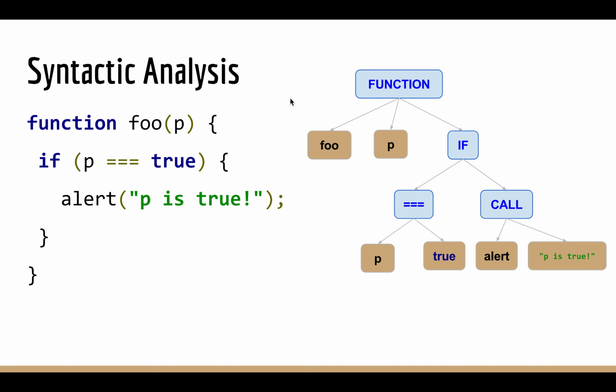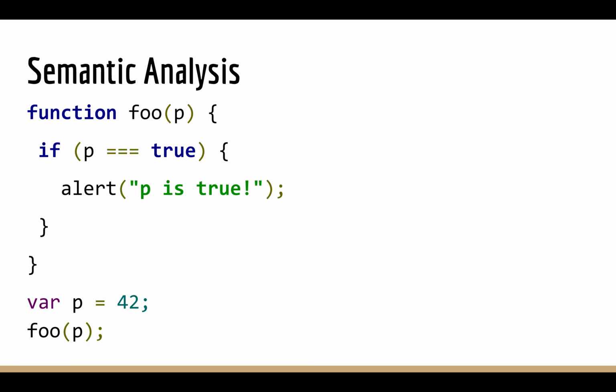Then the next level gets more interesting. This is where we start to move away from what you would expect initially from code modeling. It's semantic analysis. Semantic analysis starts with symbols.